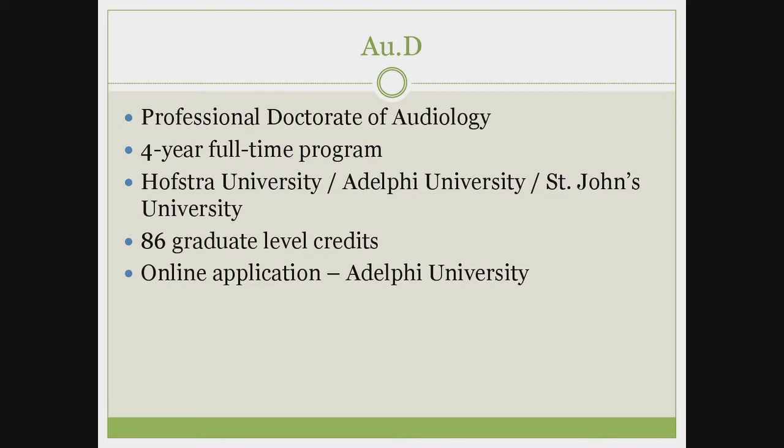Okay, so now we also have, like I mentioned, a clinical doctorate of audiology. This is different than a PhD, where a PhD is more of a research program. An AuD is a clinical doctorate.